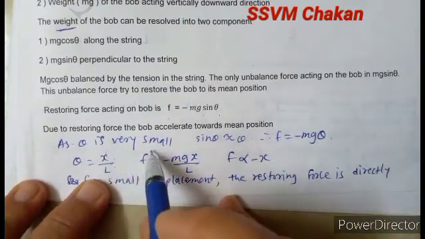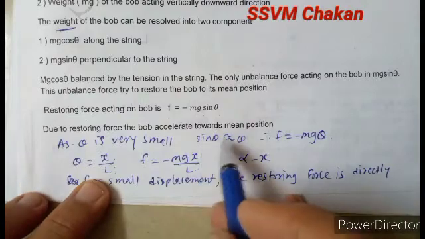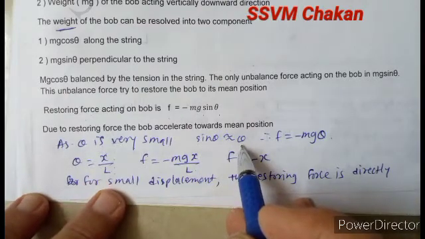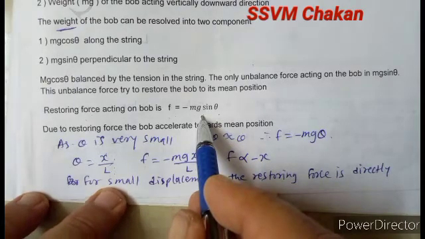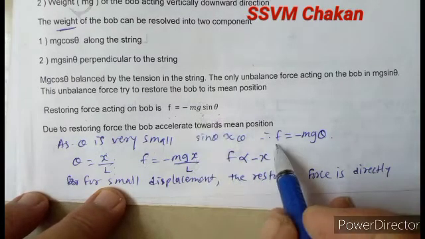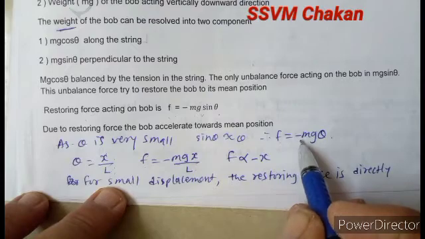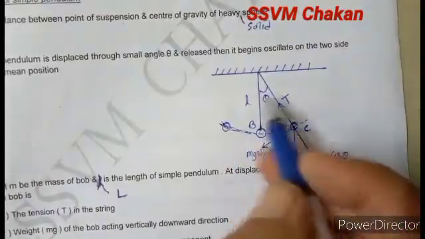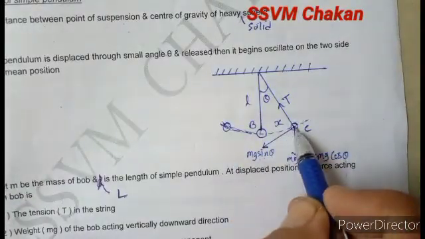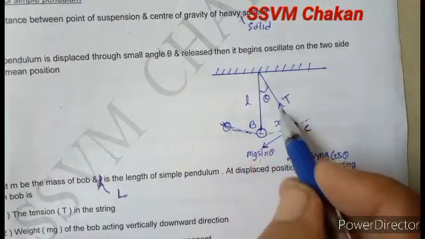As theta is very small, sin theta is approximately equal to theta. Substituting this value in the equation of restoring force, we get F equals minus mg into theta. But from the figure, angle theta is arc length divided by the radius.